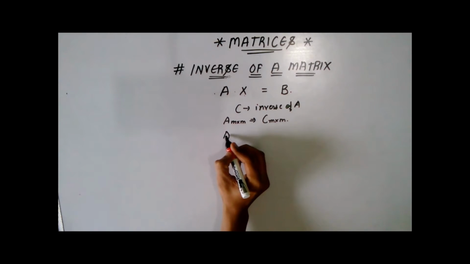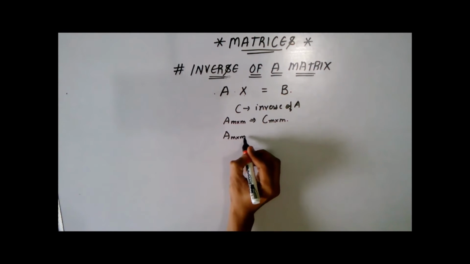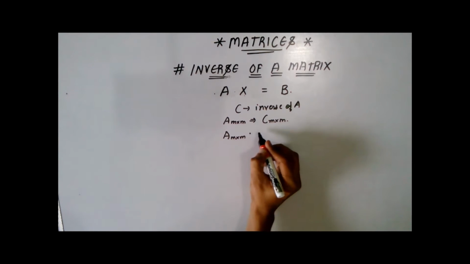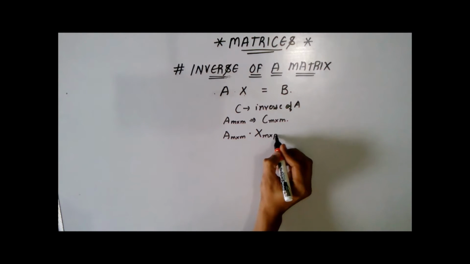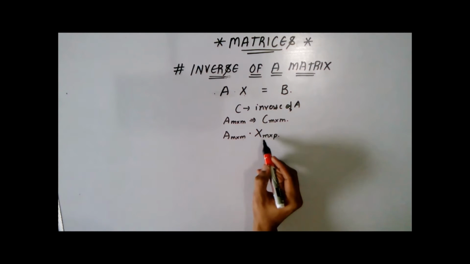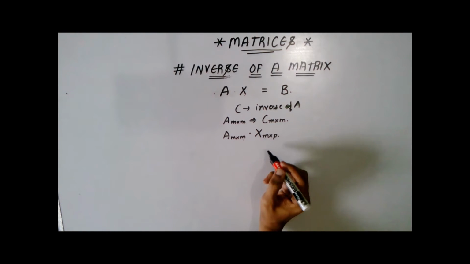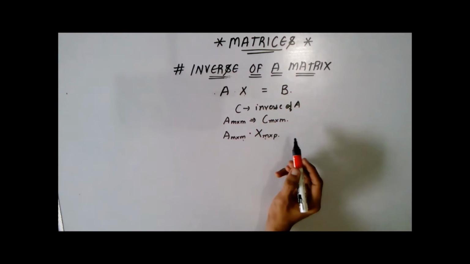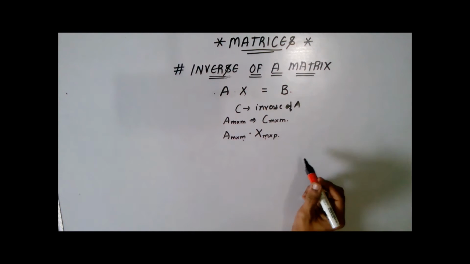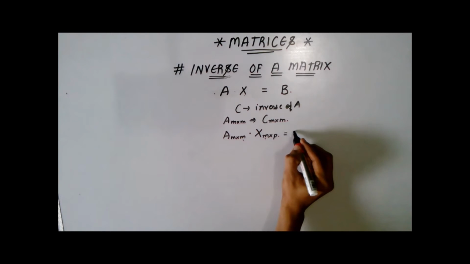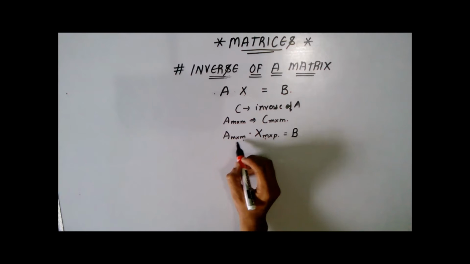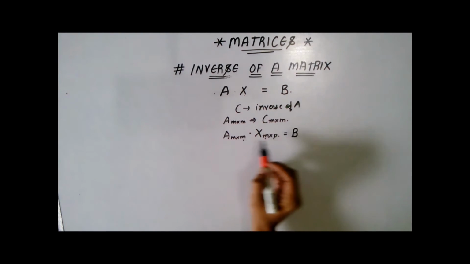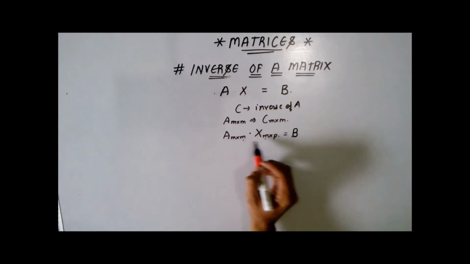So, this is A matrix of order m by m multiplied by X matrix of m by p. Here we have equalized the number of columns in A matrix to the number of rows in X matrix, so that matrix multiplication does exist, otherwise this equation will be redundant, is equal to now B matrix. What will be the order of B matrix? It will be m multiplied by p. Therefore, the B matrix will have the order m into p.